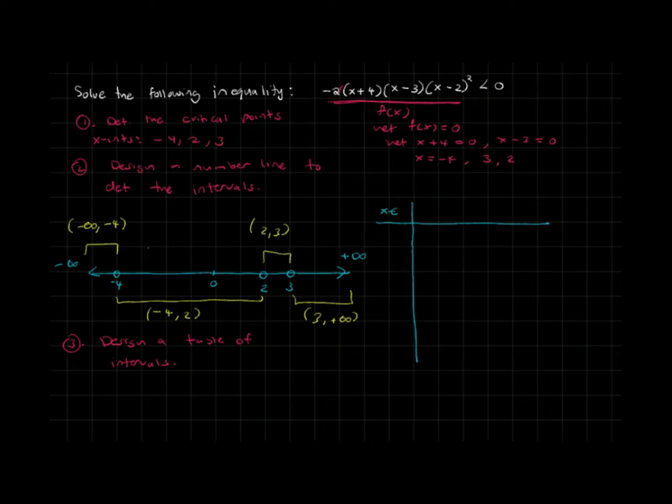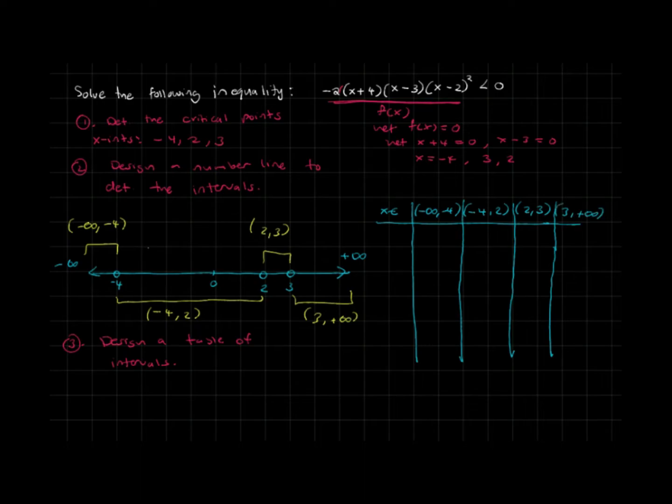Okay, x belongs to, and then we're going to basically put those intervals in, so -infinity, -4. So place the intervals on top here, -4 and 2. We'll also have 2 and 3, and we'll also have 3 and positive infinity.